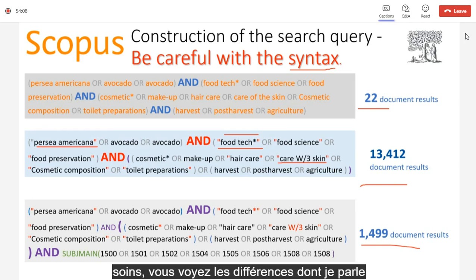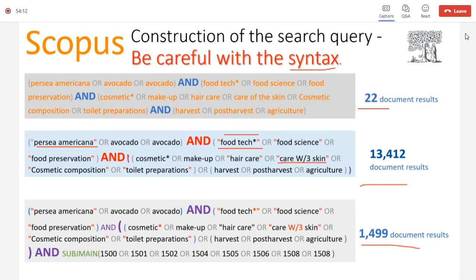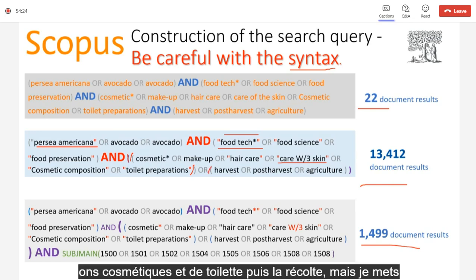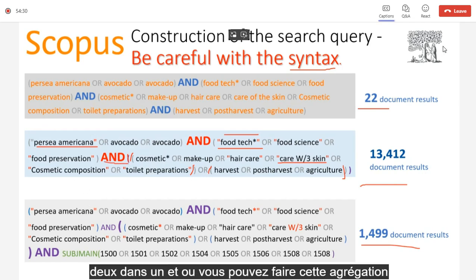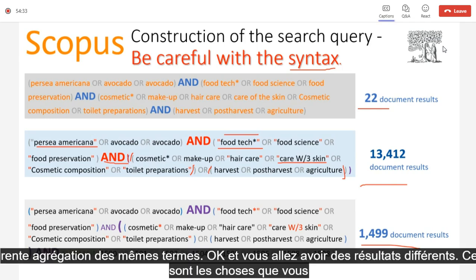This has a double bracket, because there must be one domain here, cosmetic and toilet preparations, and then harvest, but I put both of them into an AND. Or you can make a different aggregation of the same terms, and then you're going to have different results. These are the things that you must check.